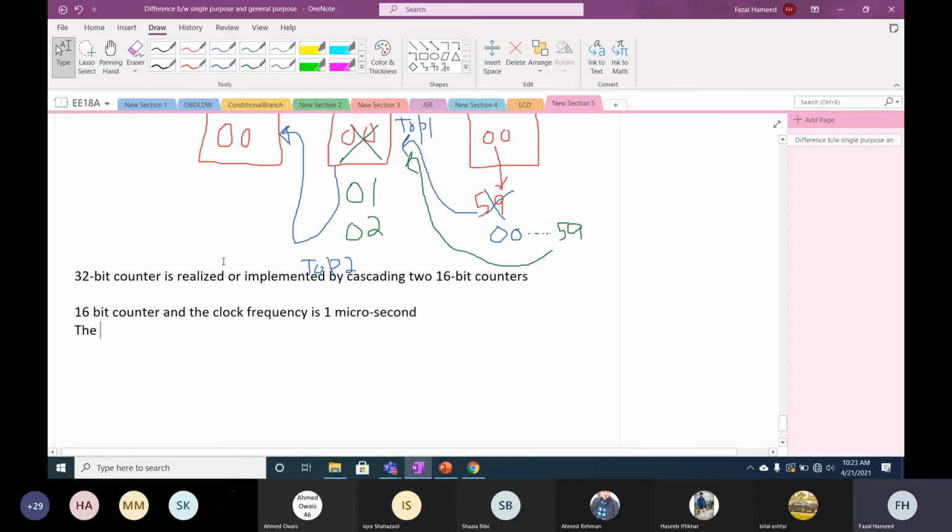What is the maximum range of the counter? The maximum delay that can be tracked by the counter is 65,535.